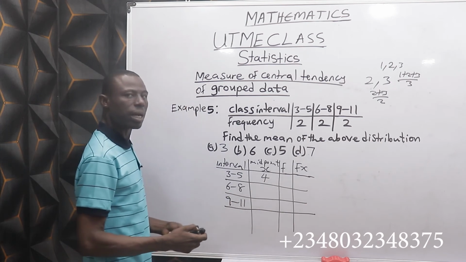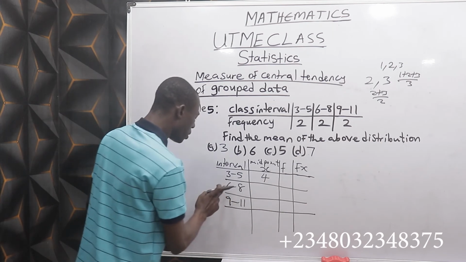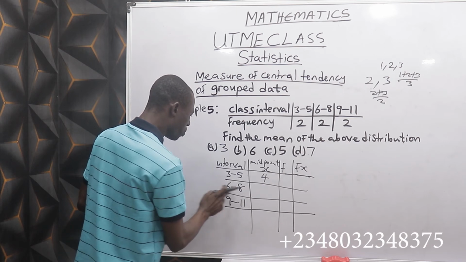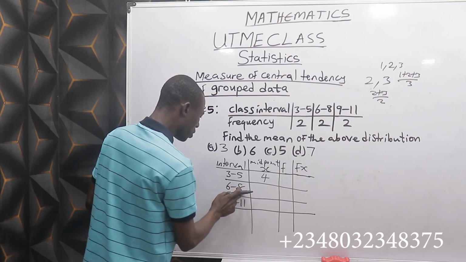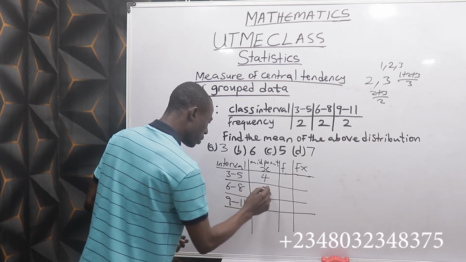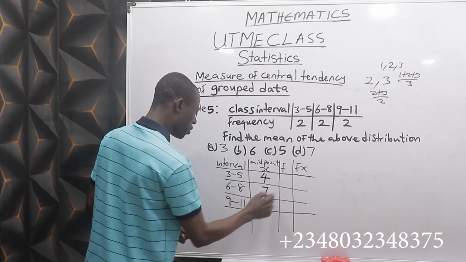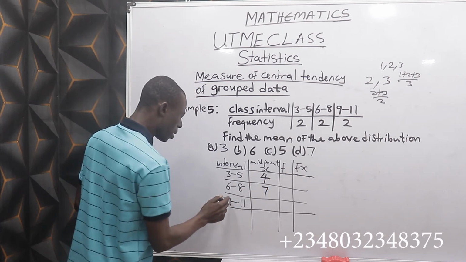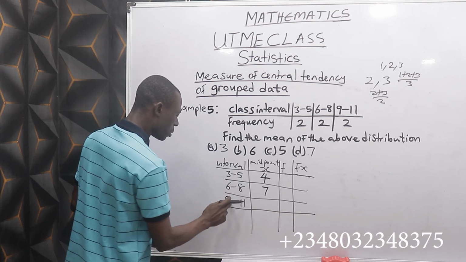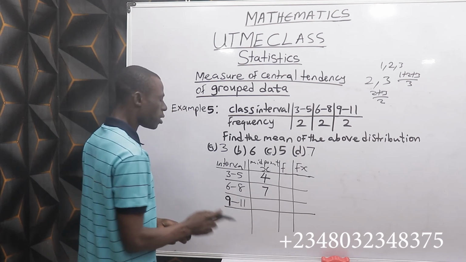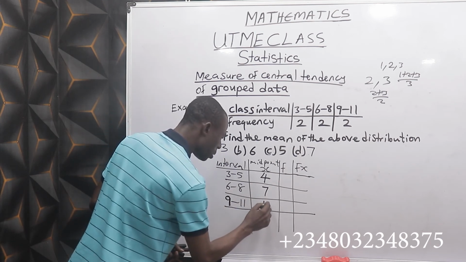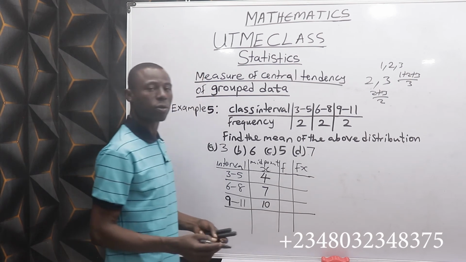That is the X value for that. Also here, 6 plus 8, that is 14, divided by 2, 7. That is X value for that. The same thing, 9 plus 11, that is 20, divided by 2, that's 10. That represents the X value for that.